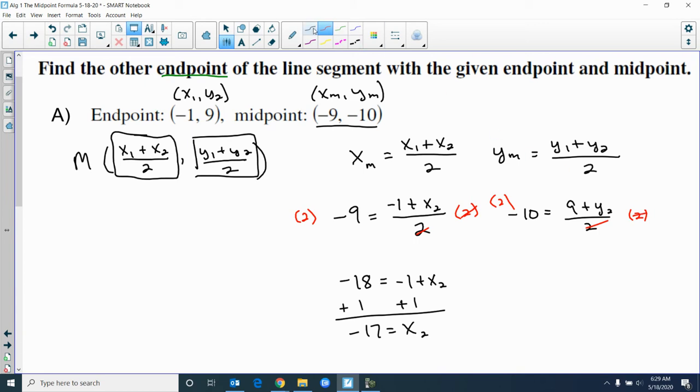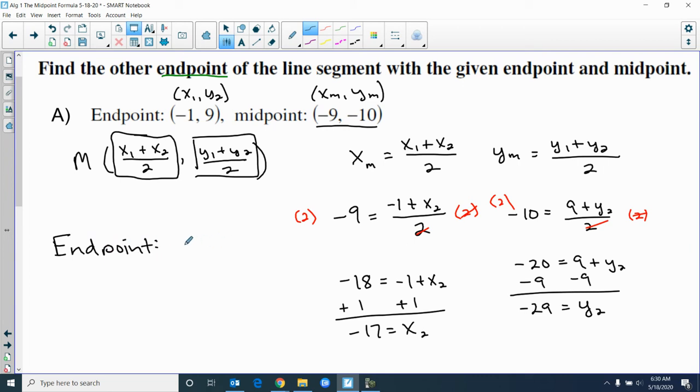That cancels. You're left with negative 20 equals 9 plus y sub 2. Subtract 9. I get negative 29 equals y sub 2. So the other endpoint is going to be (-17, -29).